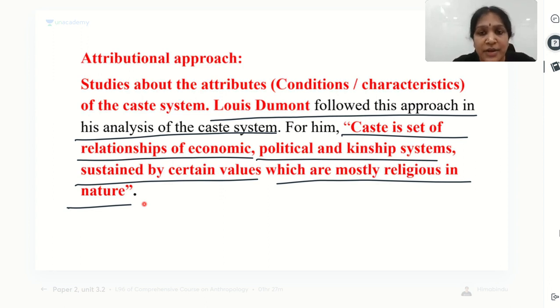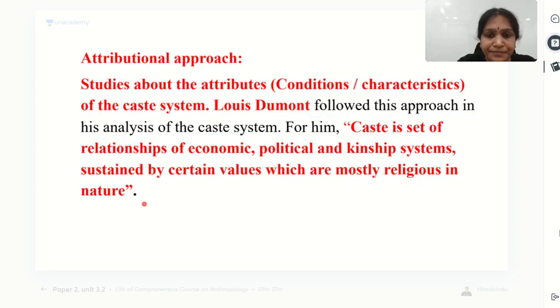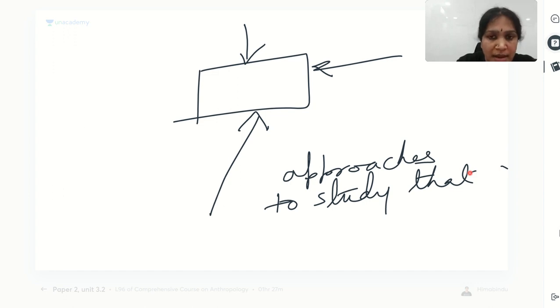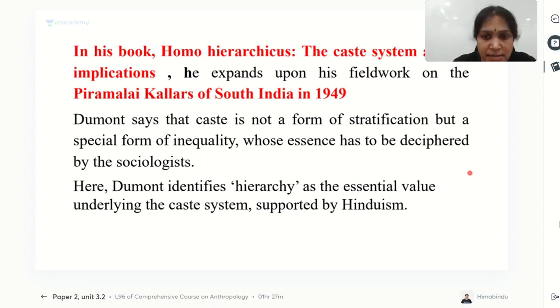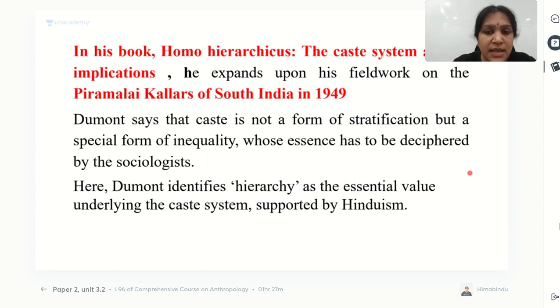Because of that belief only, the caste system was sustained for so long. Is it clear? So, attributional approach clear? So, Louis Dumont, attributional approach. Ghurye, Indological approach. Okay. Now, Dumont is studying characteristics. So, now let us see what Dumont said about these caste characteristics.